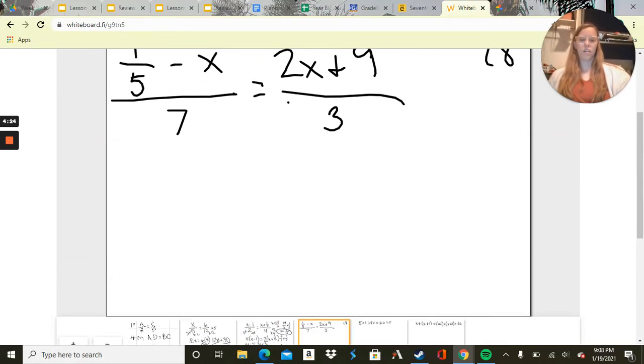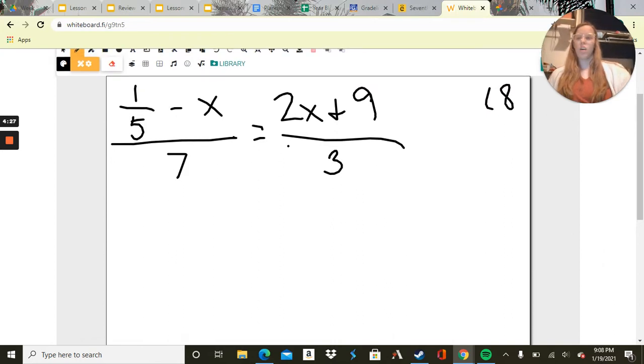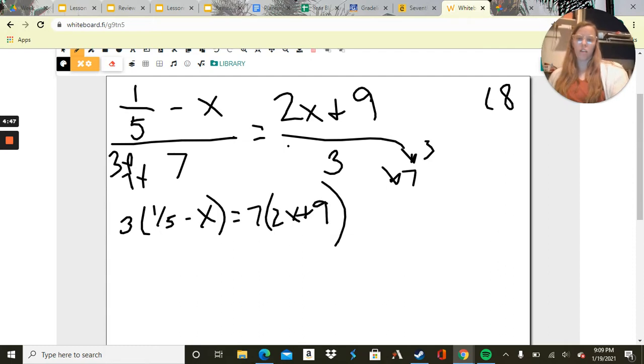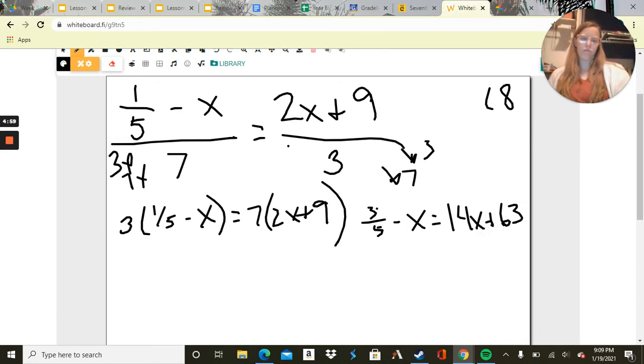This is going to be the last one here before we go back to lesson 9. Again, we're going to flip-flop those. Times 3 times 7. So 3 and 1/5 minus x equals 7 times 2x plus 9. Let's distribute. 3/5 minus x equals 14x plus 63.